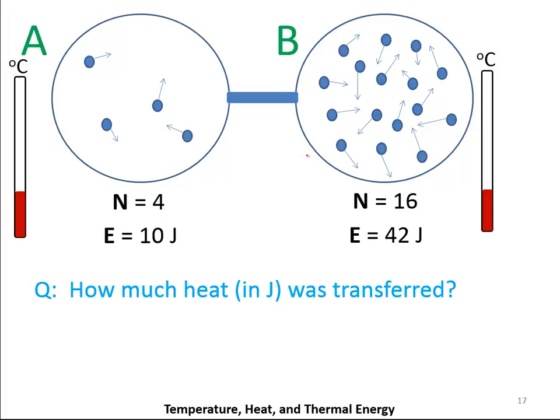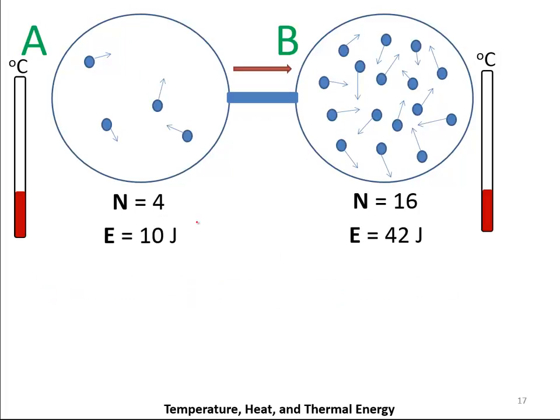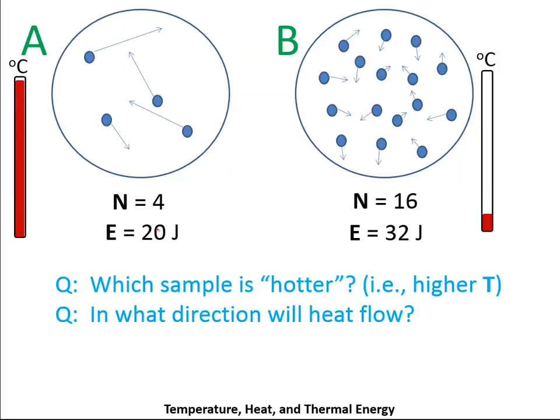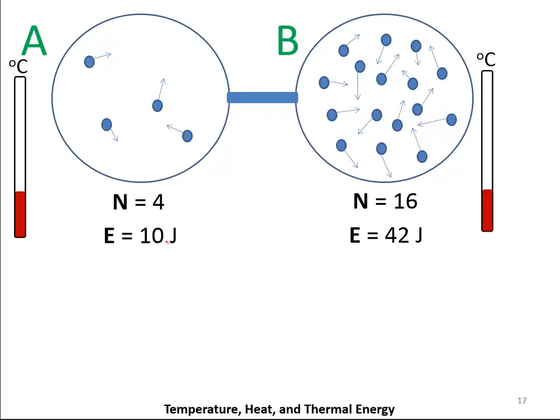How much heat was transferred? Well, if we go back to the initial slide, you can see that sample A started with 20 joules of thermal energy, whereas sample B had 32 joules. So let's just remember this number here, 20 joules for sample A. At the end of the heat transfer, we're down to 10 joules.